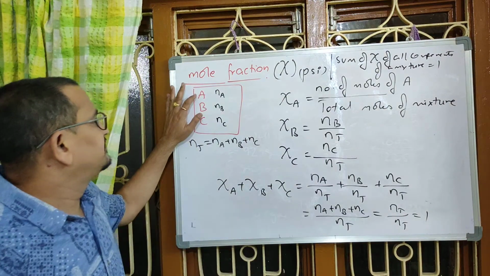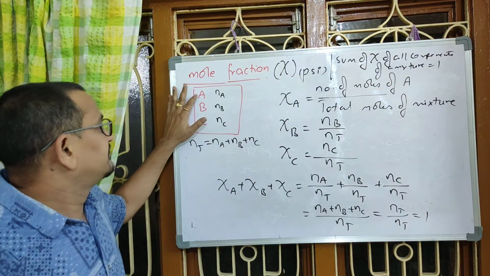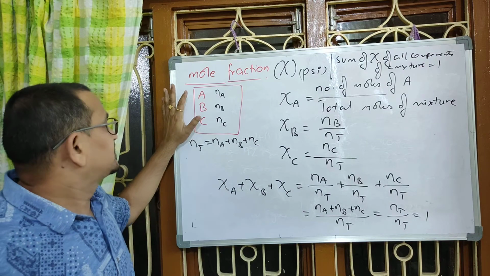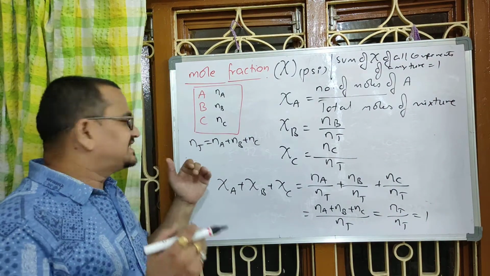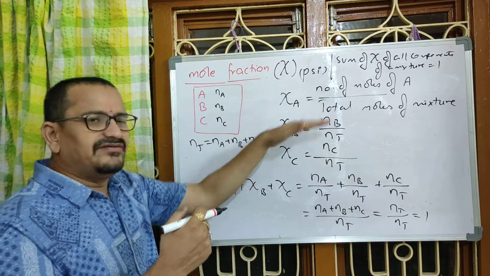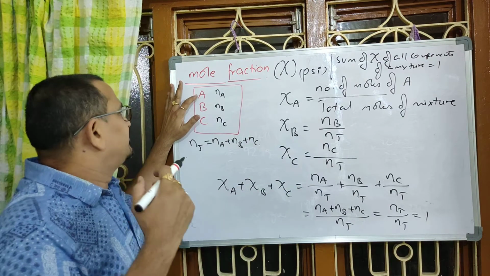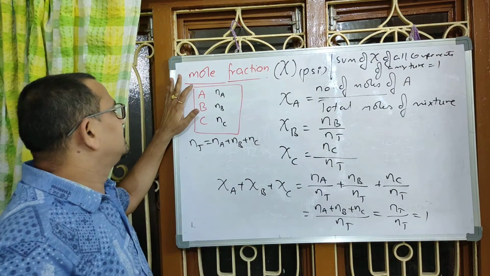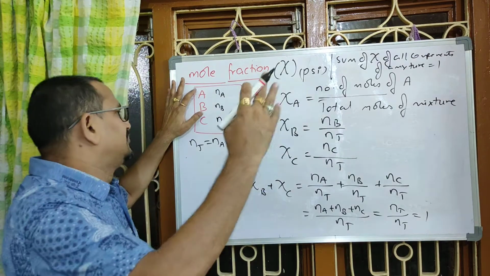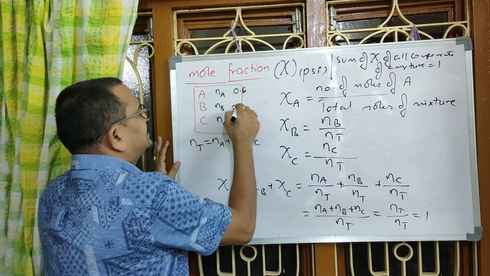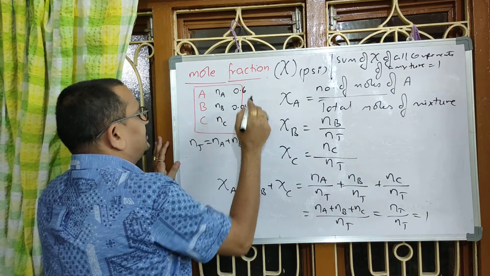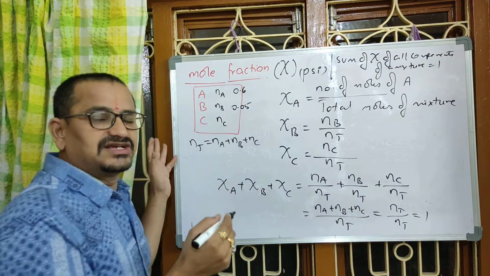Suppose you are asked to calculate the mole fraction of A, B and C. If you calculated the mole fraction of A as some value, and the mole fraction of B as some value, suppose you got 0.6 and 0.05, then what will be the mole fraction of C?